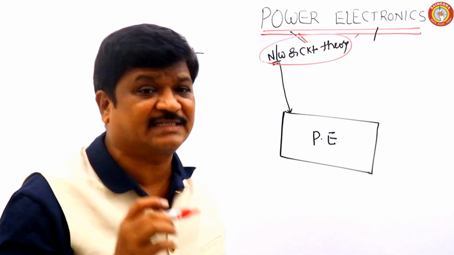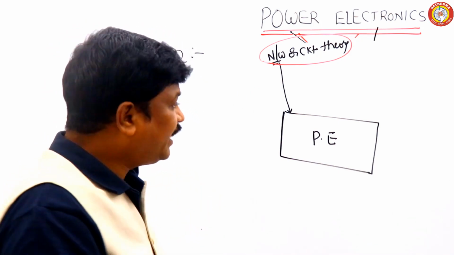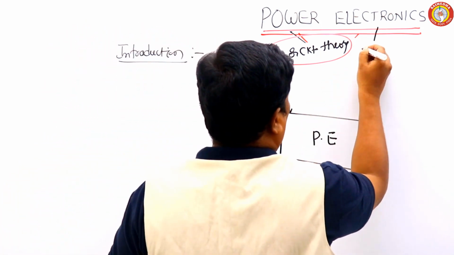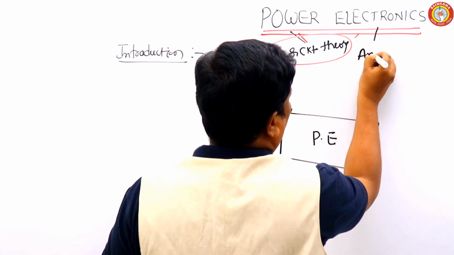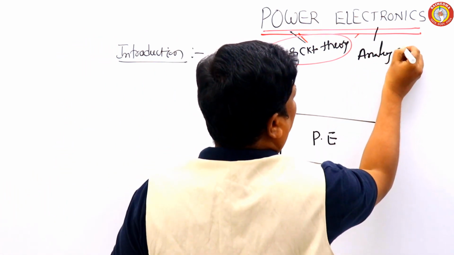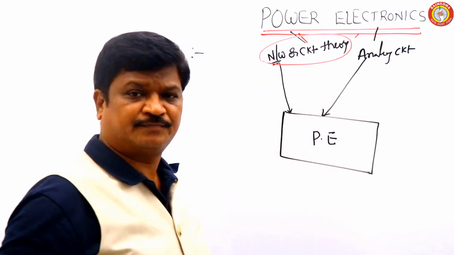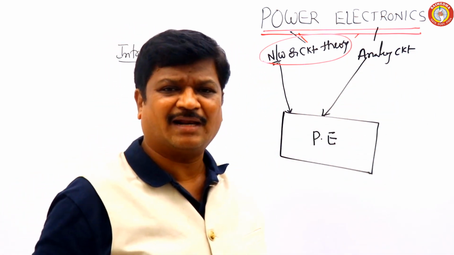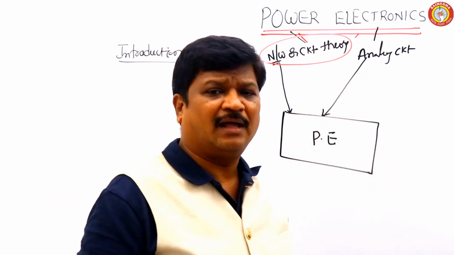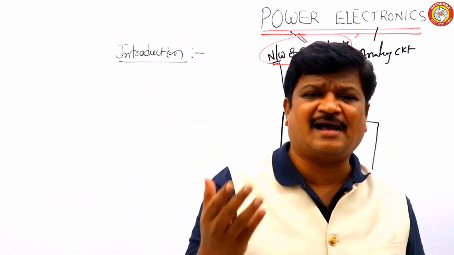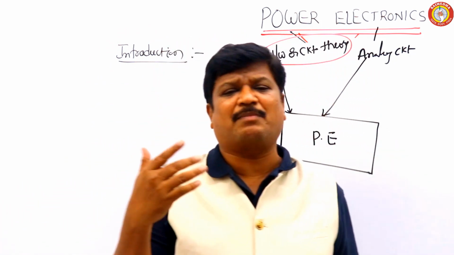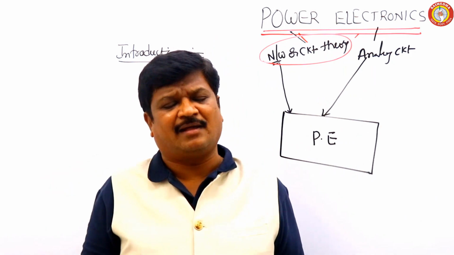what do you need? Another subject. You need the subject of analog electronics, analog circuits. This is another subject you need. Sir, why analog circuits? Because we are using electronic devices like SCR, power BJT, power MOSFET and IGBT.